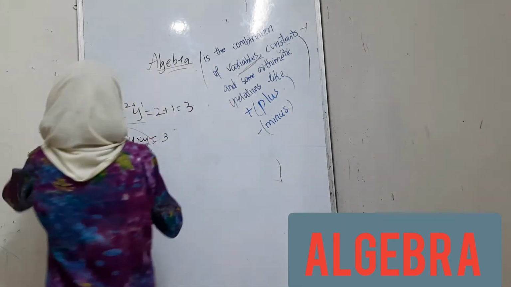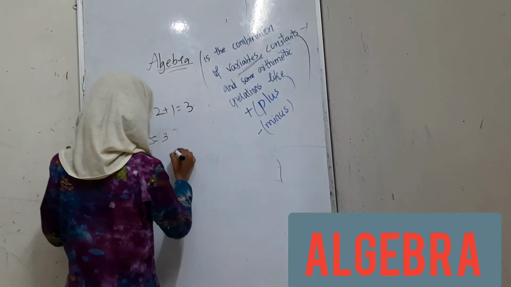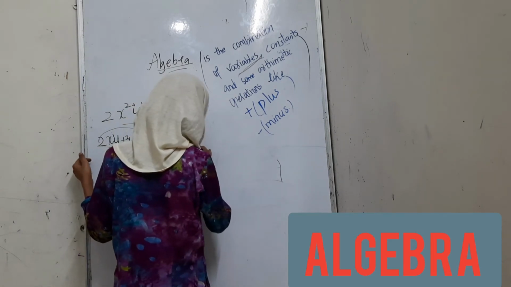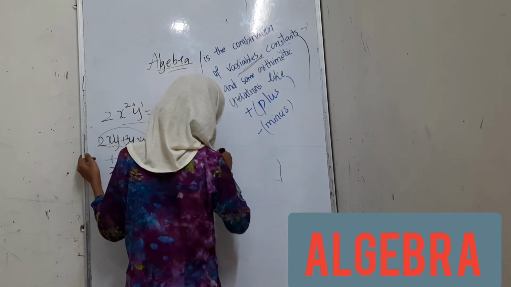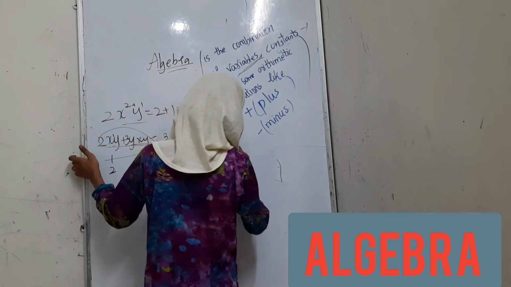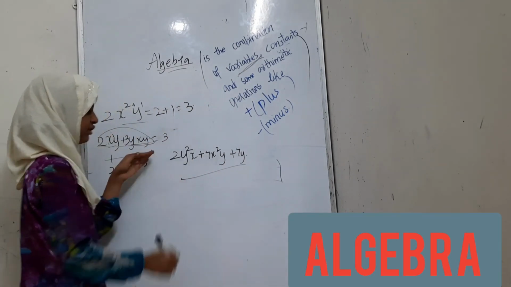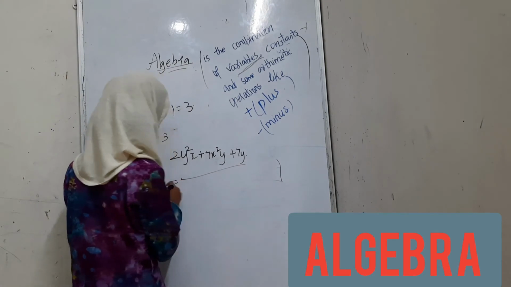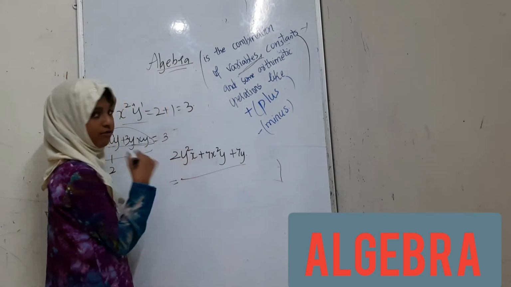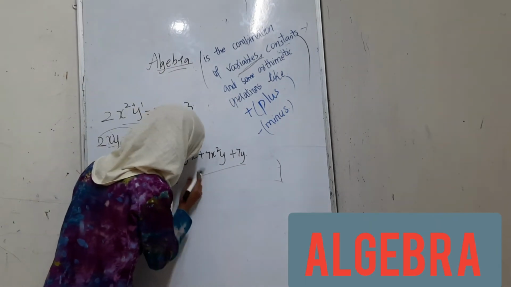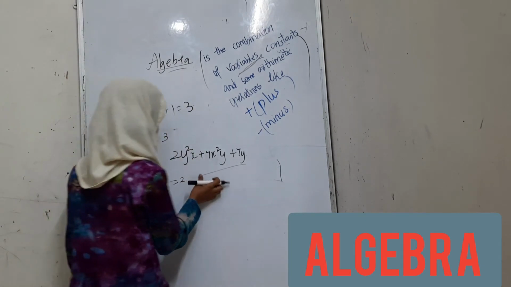Let us see how to find the degree of a trinomial. This is a trinomial, which has 3 terms. Here we are given the power of y as 2 and the power of x as 1.